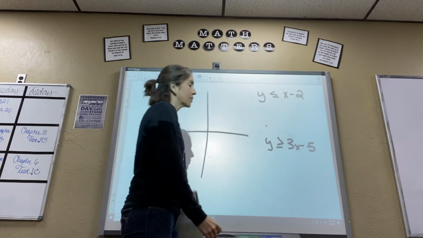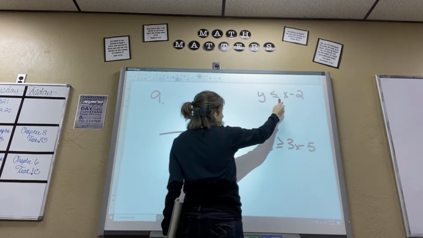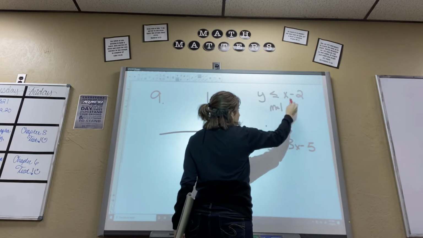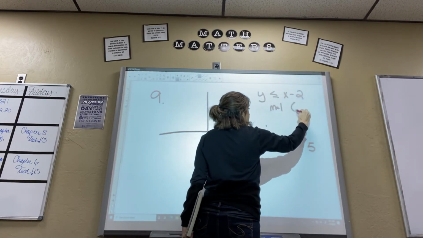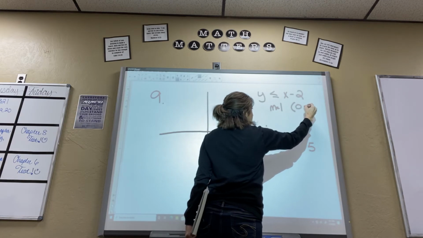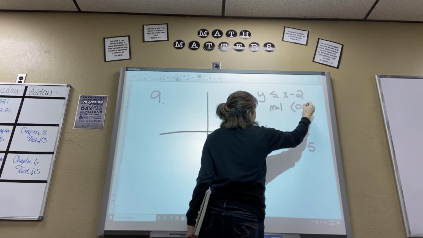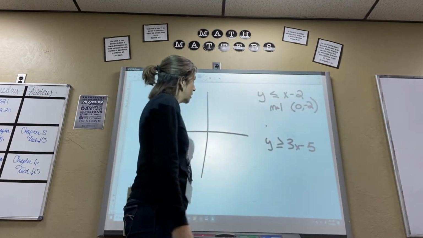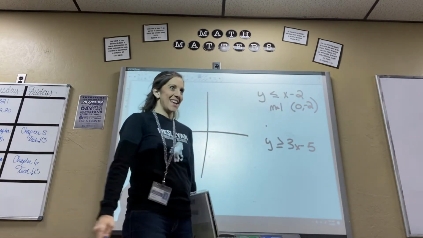It's already in y equals mx plus b. So the slope is 1, and the y-intercept is, when x is 0, y is negative 2. Do you remember this?